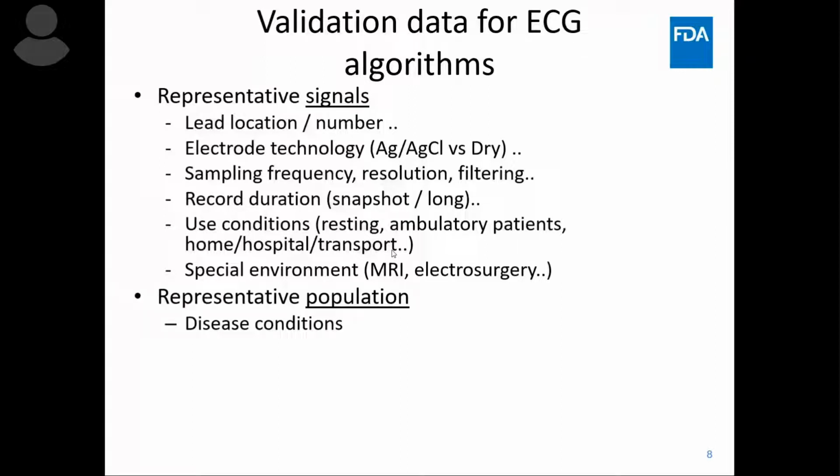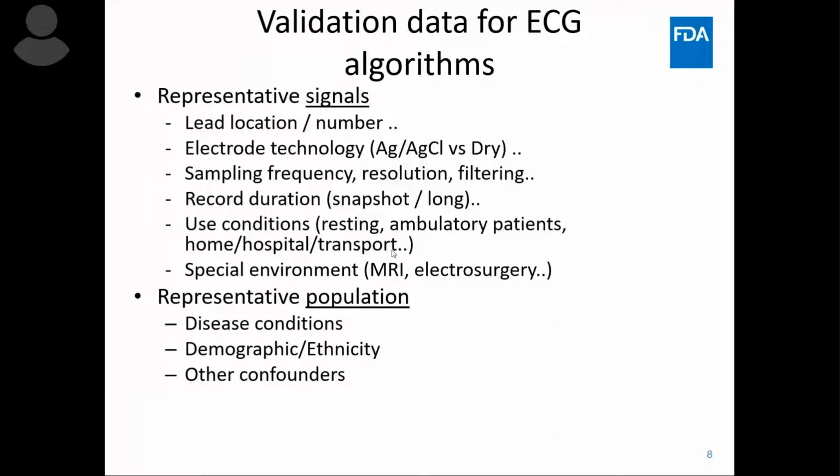And also we want to have a representative population for our conditions. We want to have representative disease conditions. We want to have representative demographics and ethnicity. And we also want to have other confounders represented properly if these are relevant.